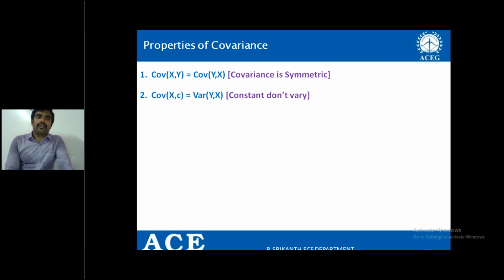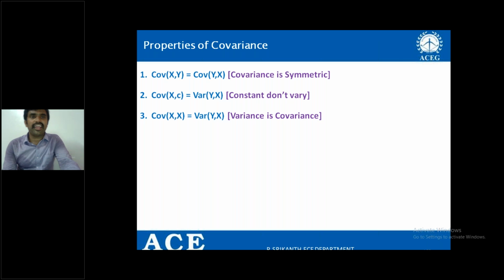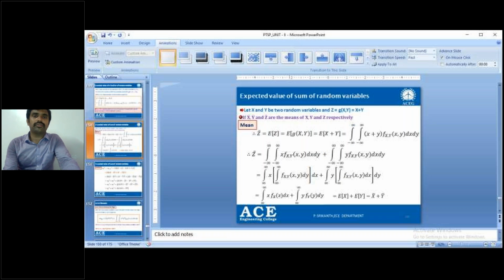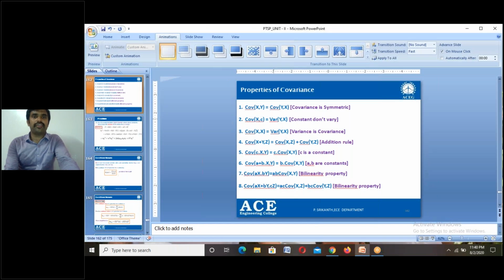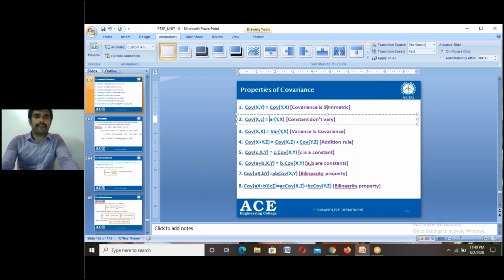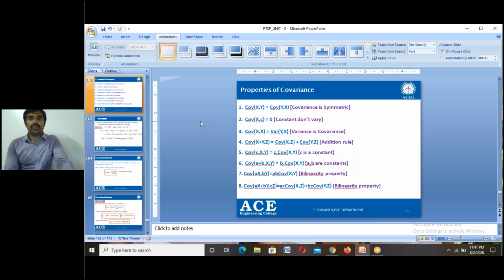That is, the covariance of x comma c is equal to 0, right?